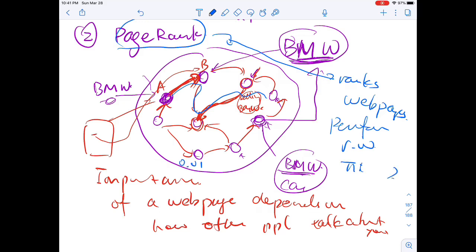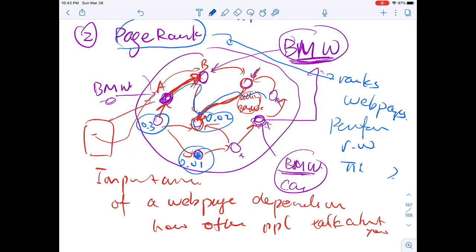So let's say this is 0.01, this is 0.02, this is 0.3, right? Stationary distribution intuitively means that if I walk long enough, what's the portion of the time I'm visiting this node?